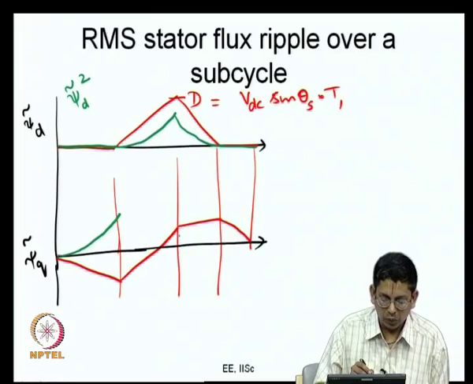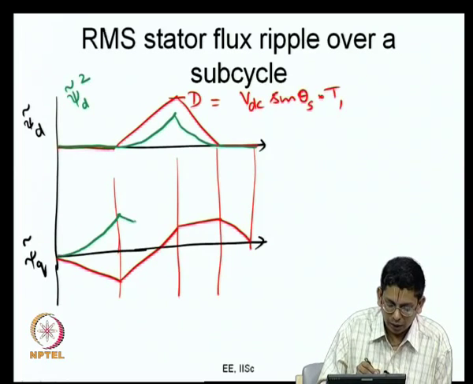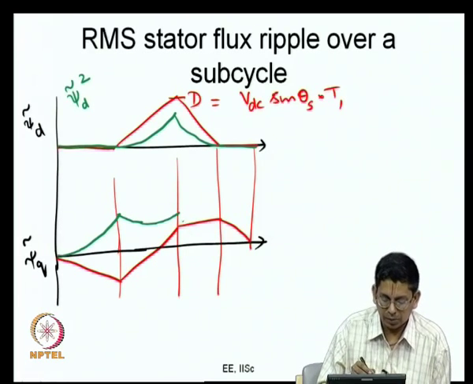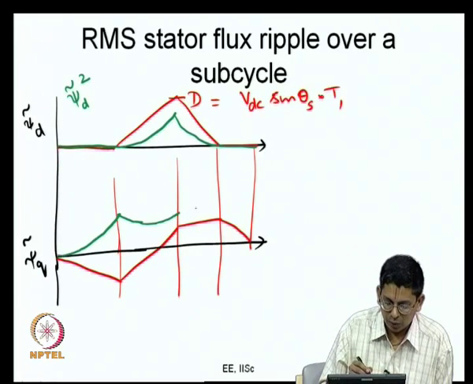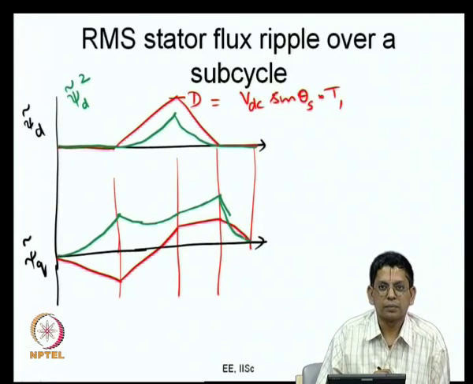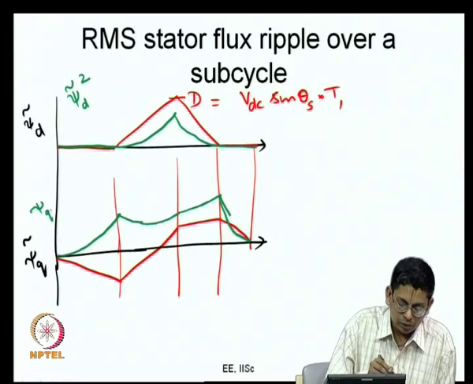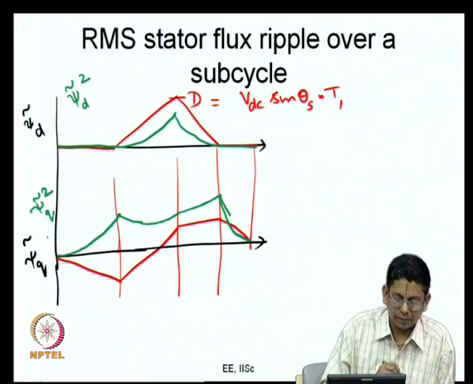The next time I square this, I will also get a parabola. Then the subsequent one also would be a section of a parabola like this, and here again there will be a parabola which goes down. This is how the nature of variation is for psi q tilde squared.